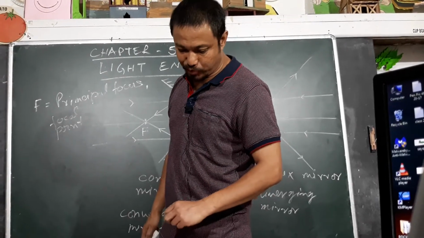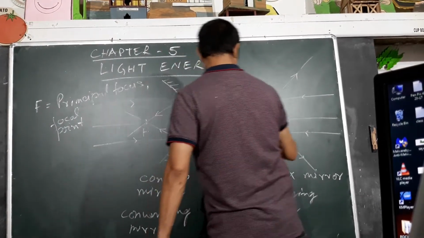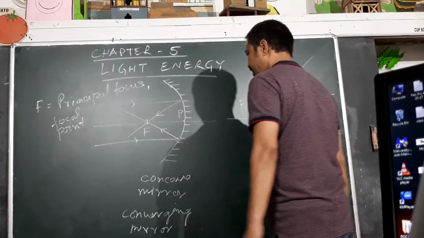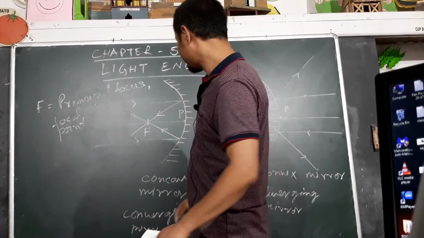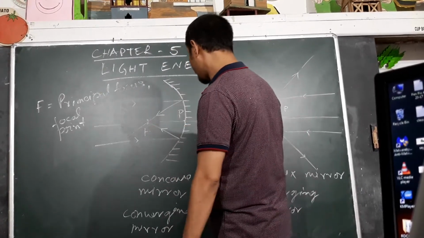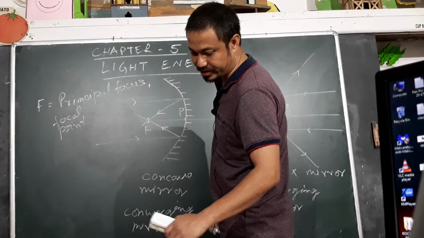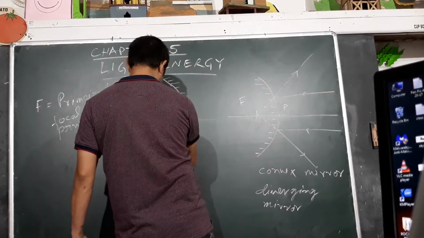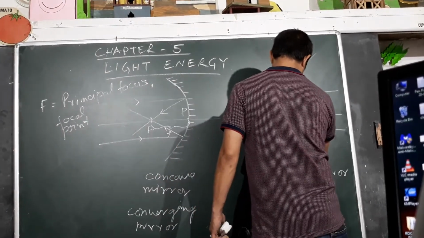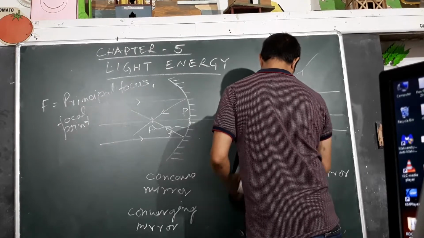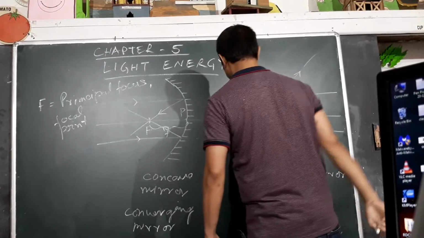This point is called the pole, denoted by capital P. The distance between the pole and the principal focus is called the focal length of the spherical mirror. It is denoted by F.